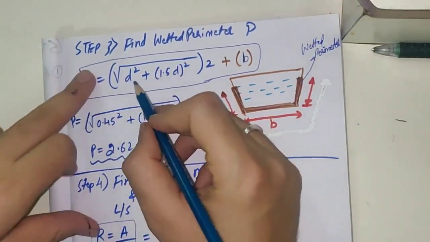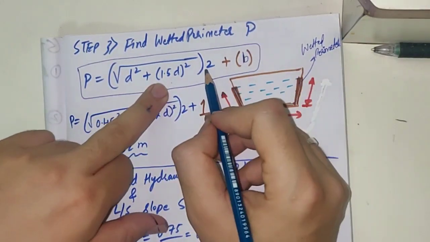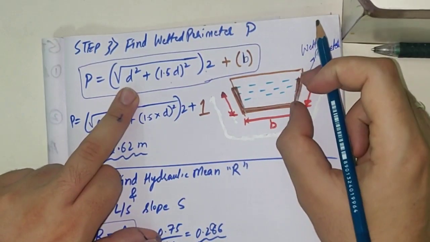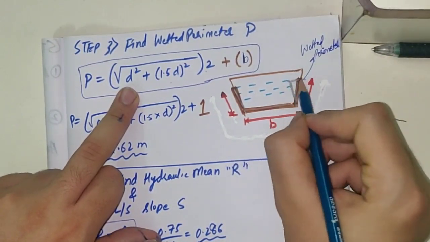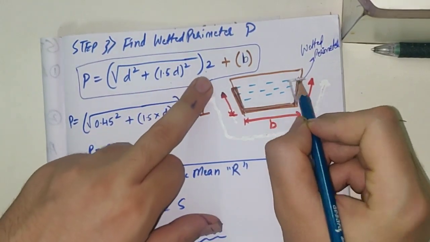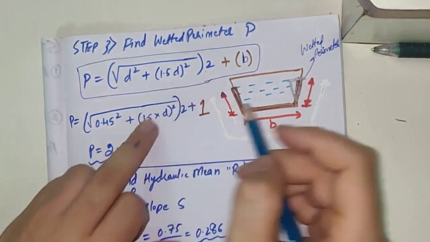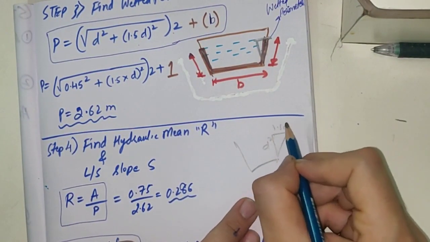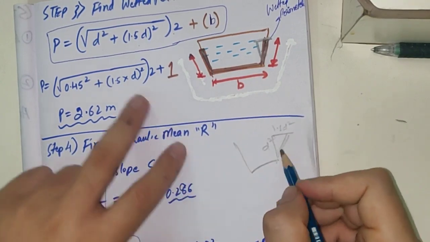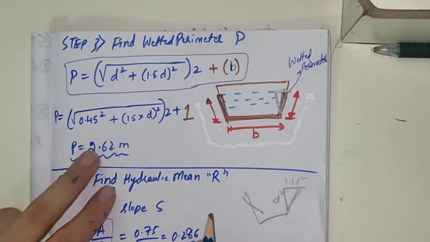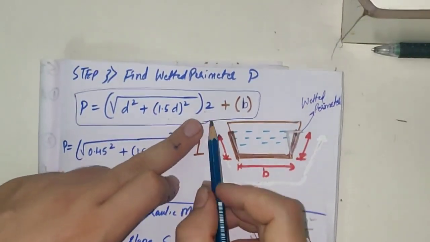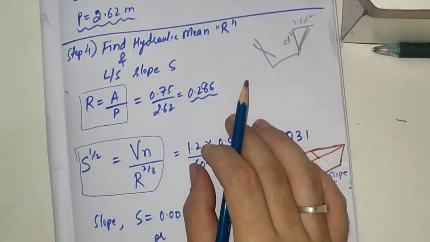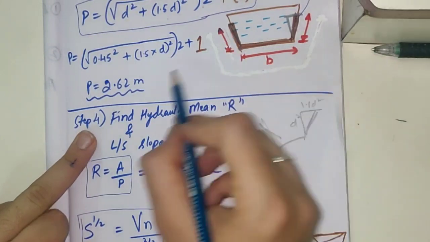So P is equal to square root of D square plus 1.5 D square, into 2 times, because this is 1, this is 1, 2 times, plus B, the bottom width. So you get the value of wetted perimeter, 2.62 meters.